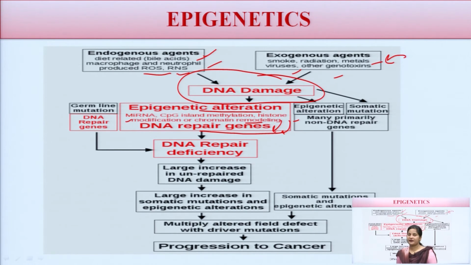These are the agents which help in DNA repair, they act like DNA repair genes. But because of mutation in these kinds of genes, the DNA can't repair itself, so the DNA gets damaged continuously. This is DNA repair deficiency, because the DNA can't repair.